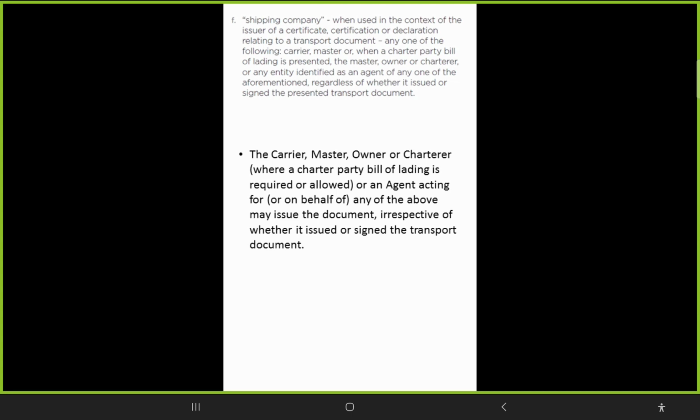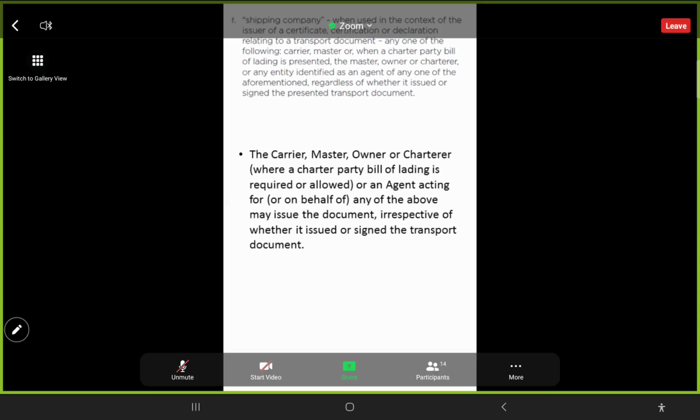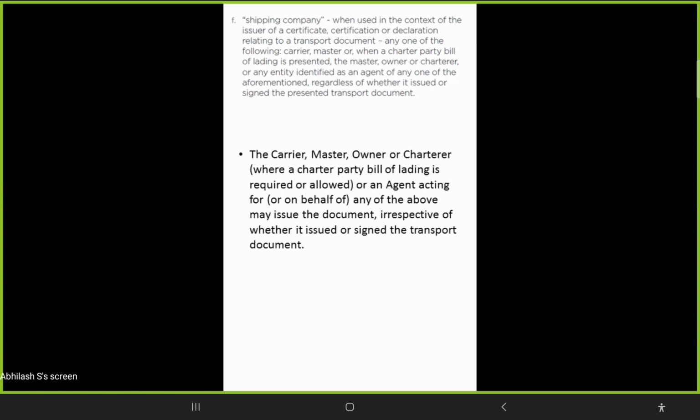One more thing: for example, if Abhilash is acting as agent on behalf of Sunil the carrier, as the actual transport document is issued, then Abhilash can issue this shipping company document, Sunil can issue it, or a third person, for example Ekta, acting on behalf of Sunil, who is the carrier, can issue it. Even a third party agent, if acting on behalf of the carrier, can issue the document. So when we are talking about a shipping company, this is how we should interpret that.